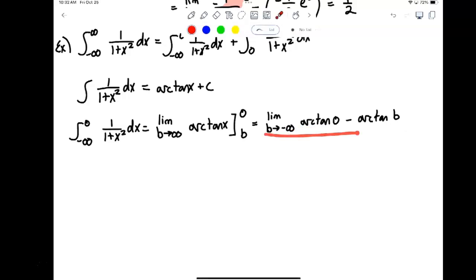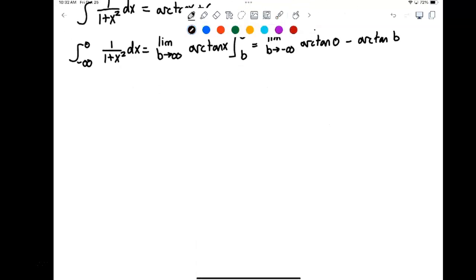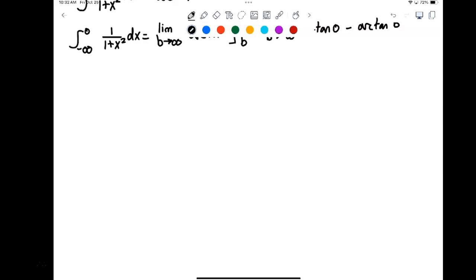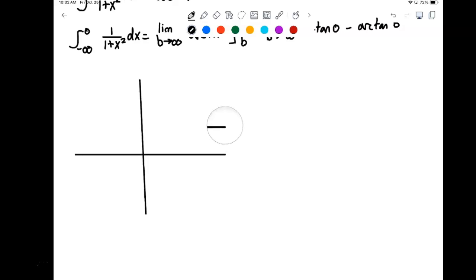I need to understand what's going on with the basic tangent function, especially the one that's tied to the arctan, which is defined just between negative pi over 2 and pi over 2.